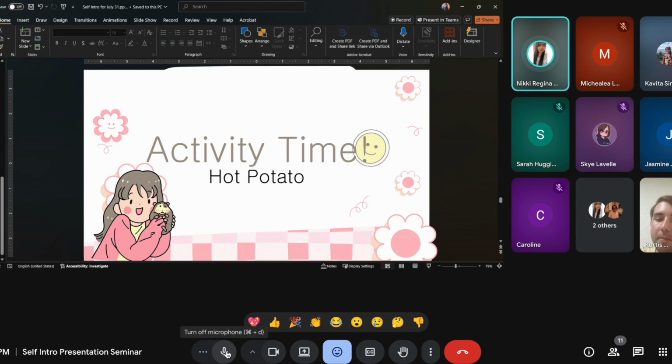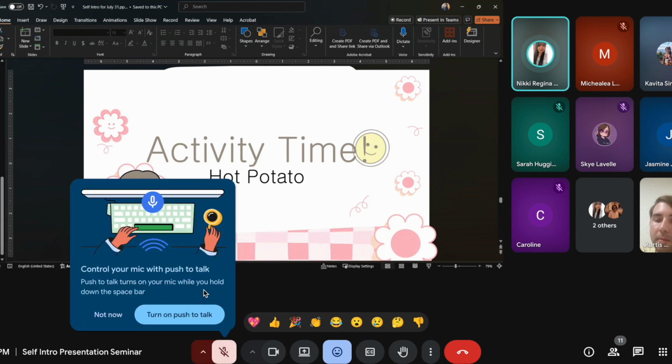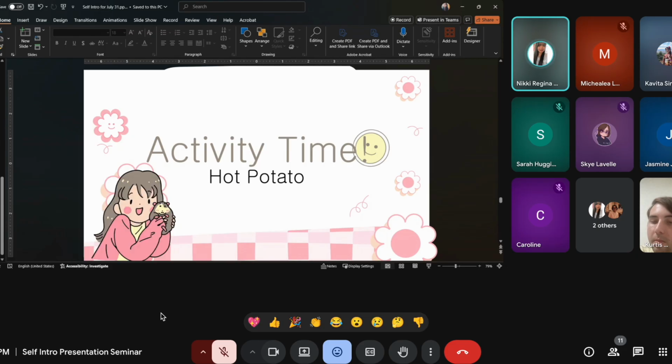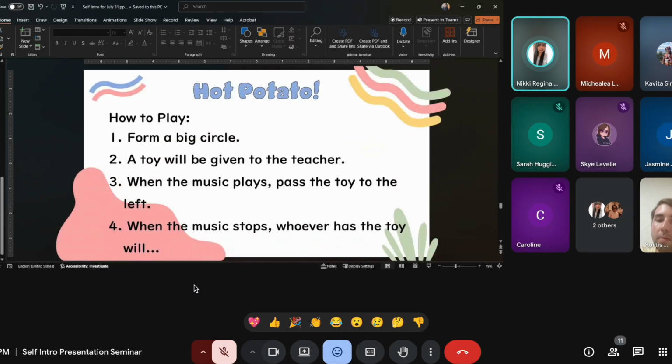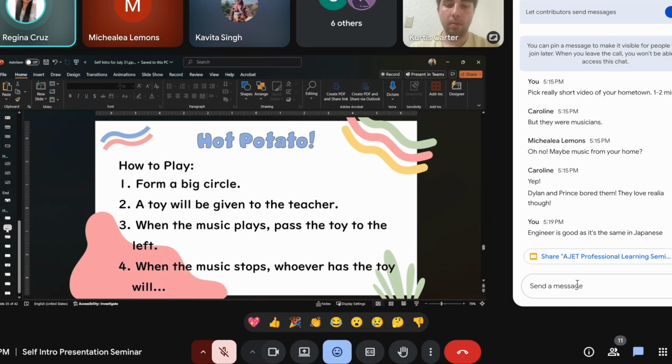Okay. Yeah. So, this activity, Curtis and I used when we first got here, which is last year, as an activity. Let me just give you an overview. How to play: first, you form a big circle with your teacher.